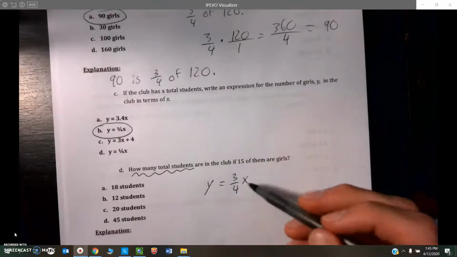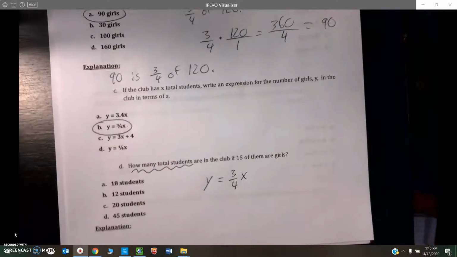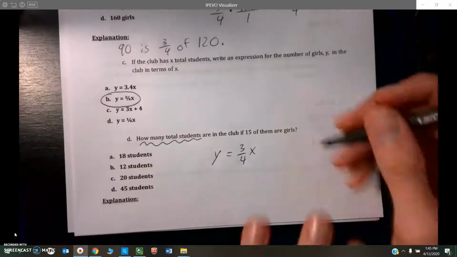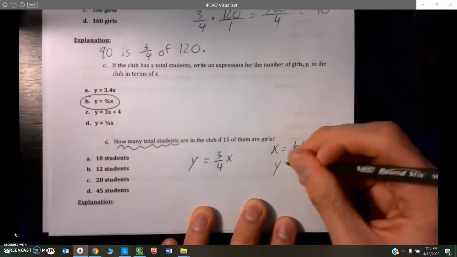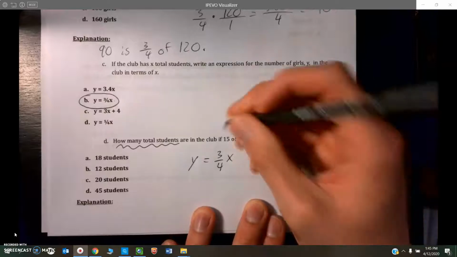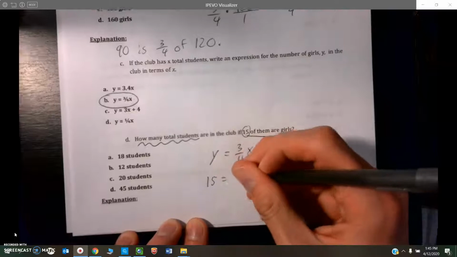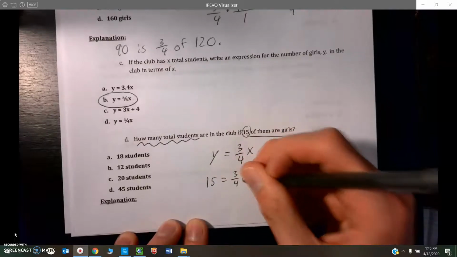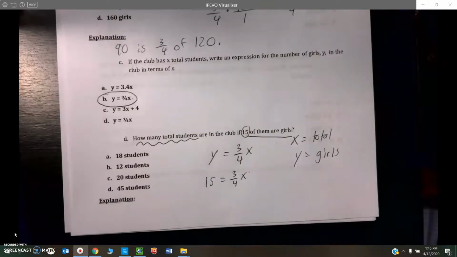So we've previously been taking the total number of students and multiplying by 3/4. But now, remember, X is total students and Y is the girls. So here, I know that there are 15 girls. So I'm going to put 15 over here. So essentially, 3/4 of what number is 15?